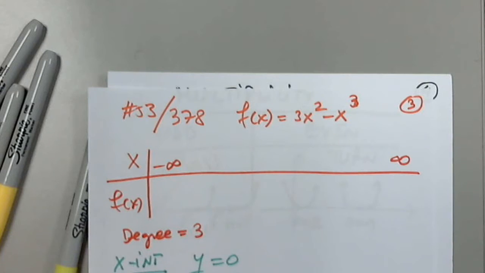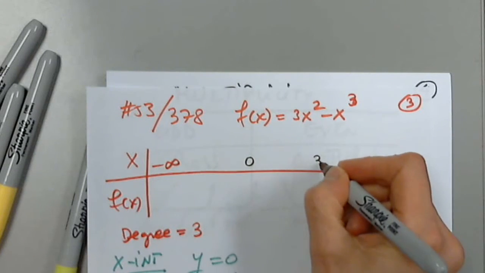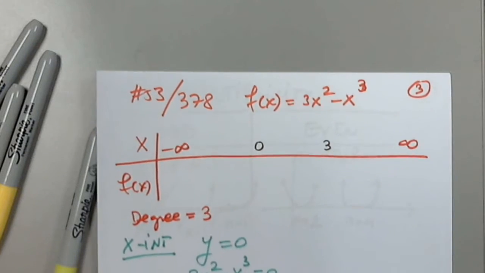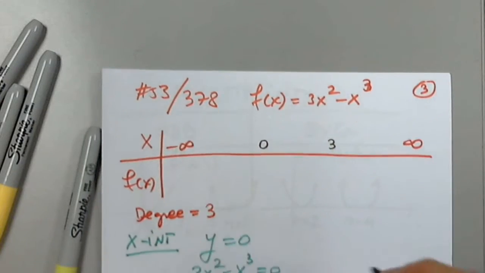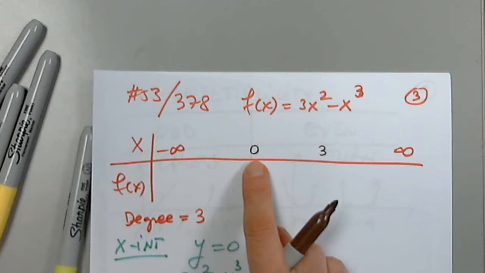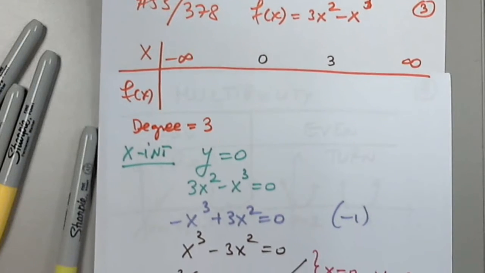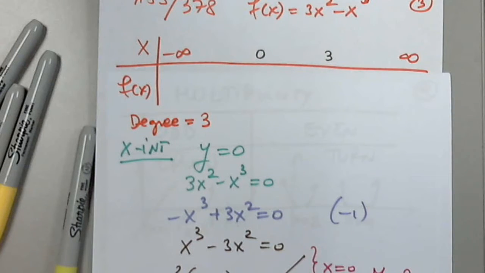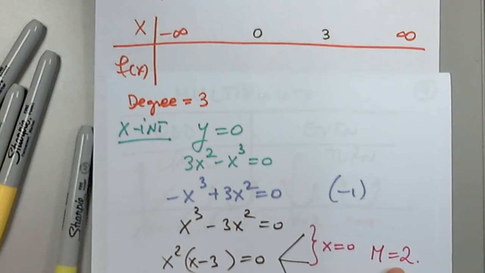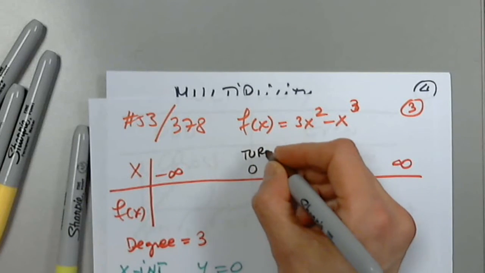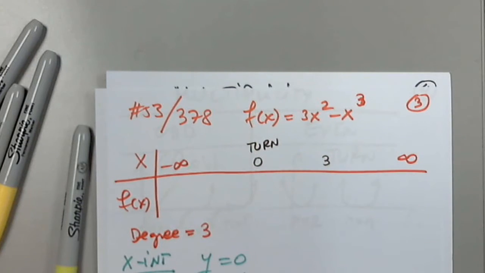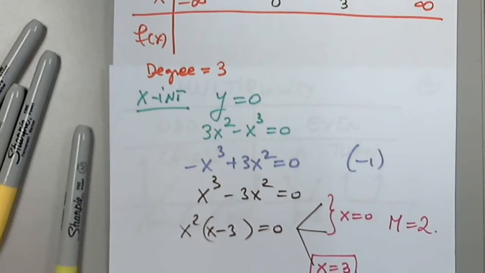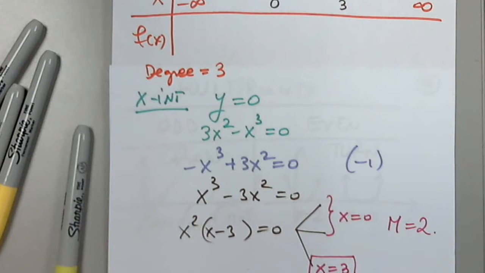So then I established what this represents, and I established what this represents, multiplicity 1. I will put them in the chart. I will have 0 and 3. I will make myself a note. At 0, is it a cross or a turn? Multiplicity 2 for x equals 0. Is it a cross or a turn? Very good. I make myself a note because I may forget. X equals 3 is multiplicity 1.